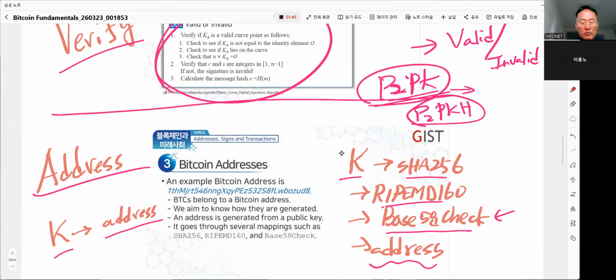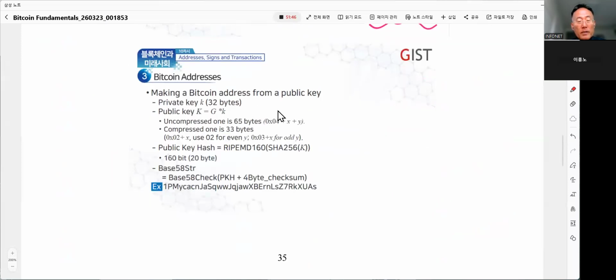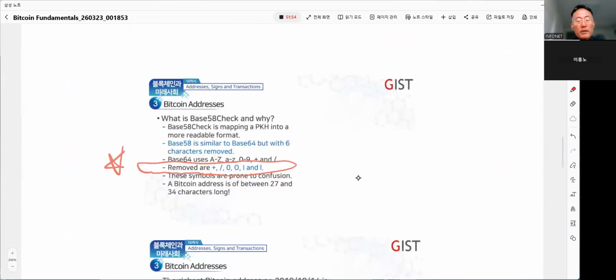So an address looks something like this. You can read about it. That's the operation that we are talking about, and then you finally get the hash, the Bitcoin address. Basically, Base58Check is removing ambiguous characters from the ASCII key.